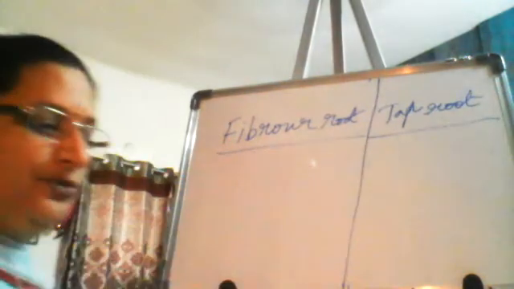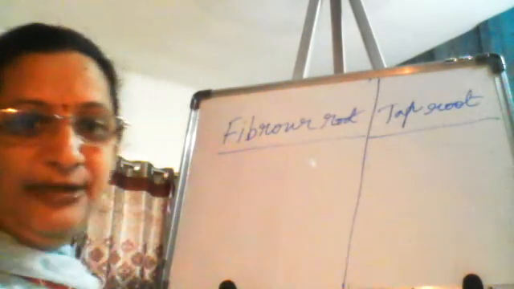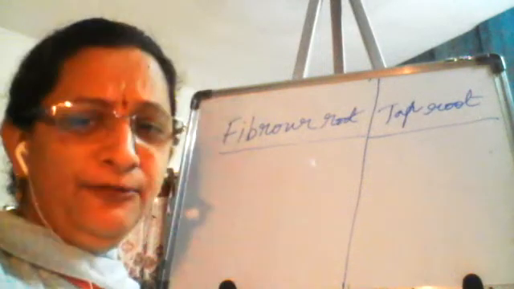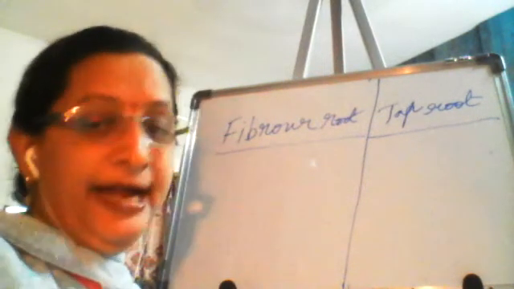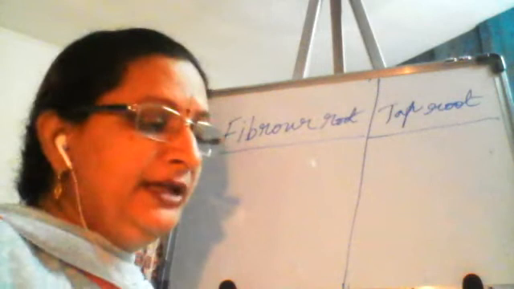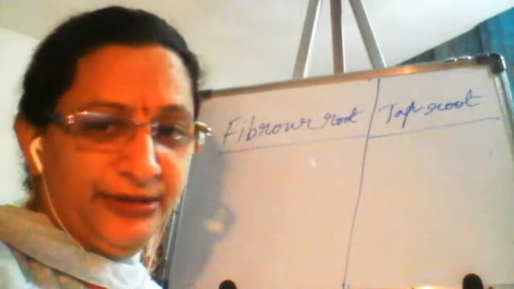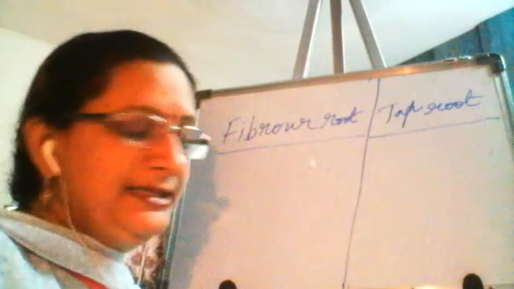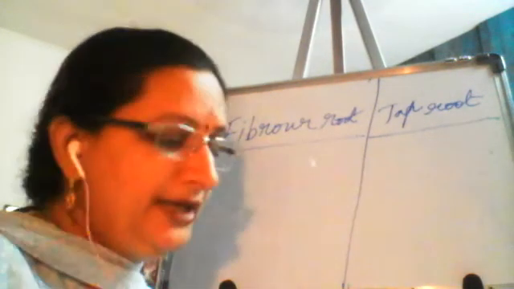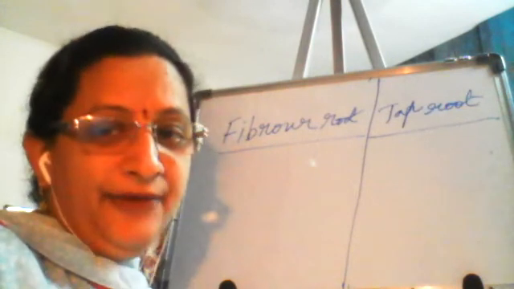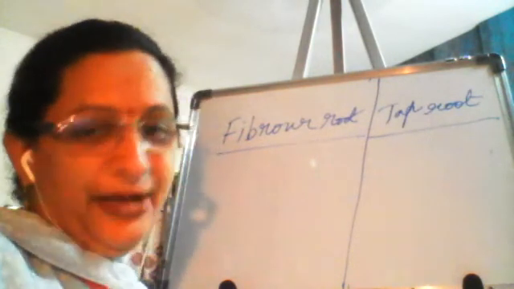What do you understand from fibrous root? Fiber. The name itself is indicating they are like fiber. When a number of roots grow from the end of the stem, it is called the fibrous root. And plants such as grass, onion, wheat and rice have the fibrous root.